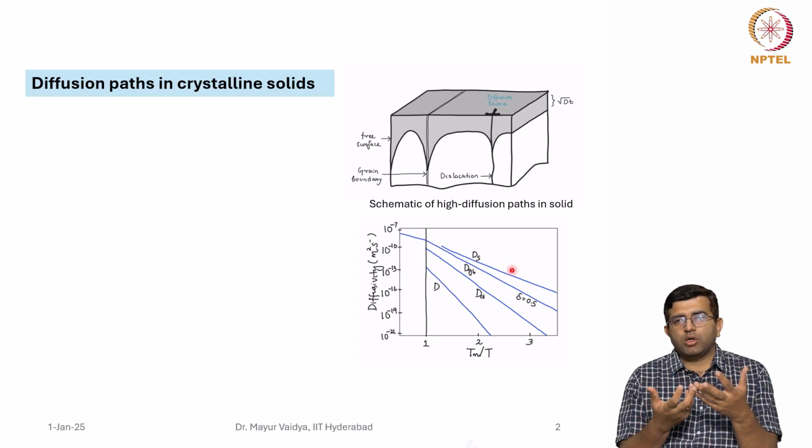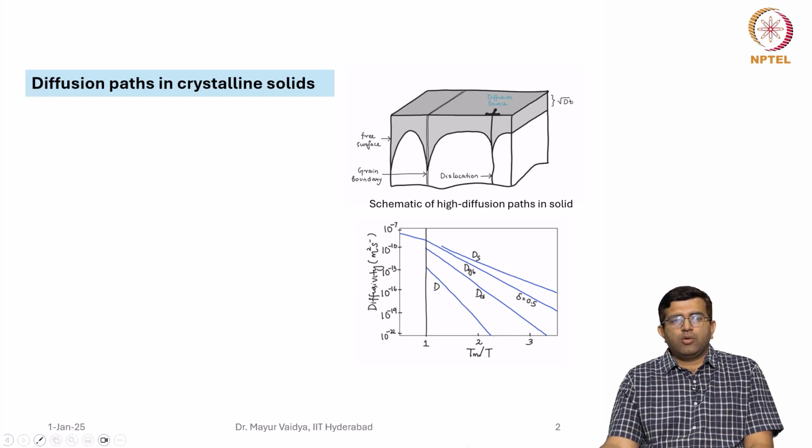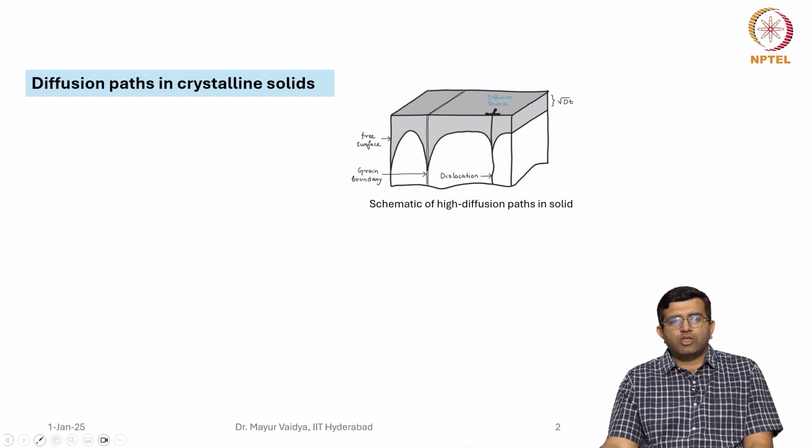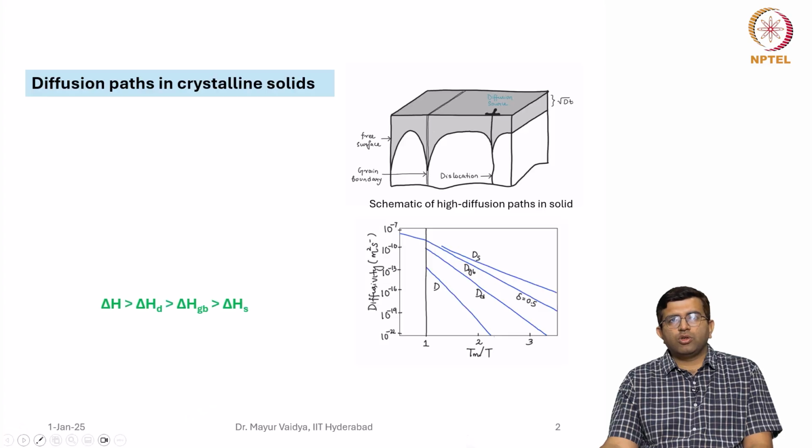So, there is more open space for the atoms to move. It is quite intuitive that if the diffusivity follows this trend, the activation enthalpy will follow the reverse trend. That means it will be highest for the lattice, followed by dislocation, then grain boundaries, and then the free surface.